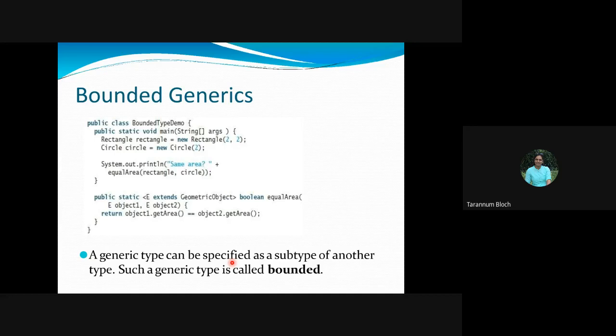Is it clear? In the bounded generic type, we will have the keyword extends and will specify the class. So only the objects of this class are going to be compared. Because we know that if we are giving a generic type E and we are not writing extends GeometricObject, it can take any two objects.